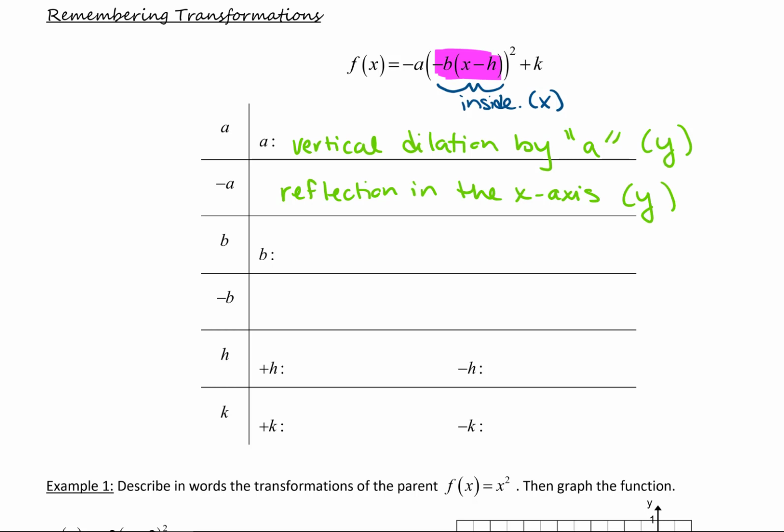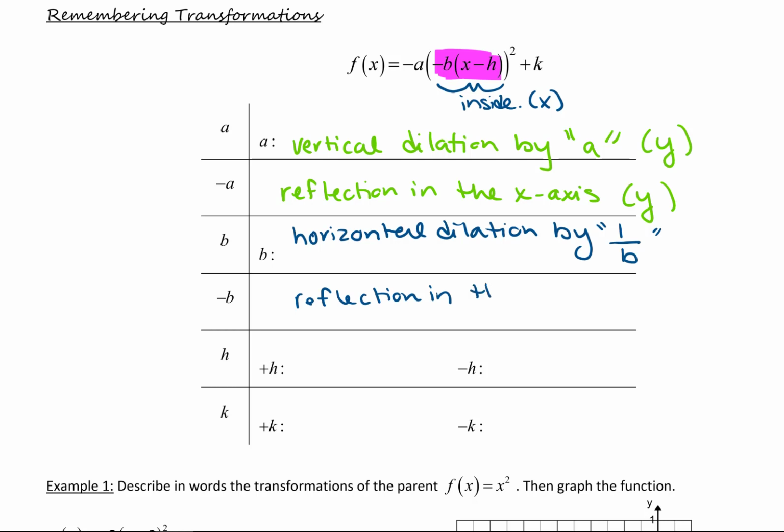So this b is called a horizontal dilation by 1 over b. So we actually take the reciprocal of the number. If it's negative, that's a reflection in the y-axis. So that changes our x's.